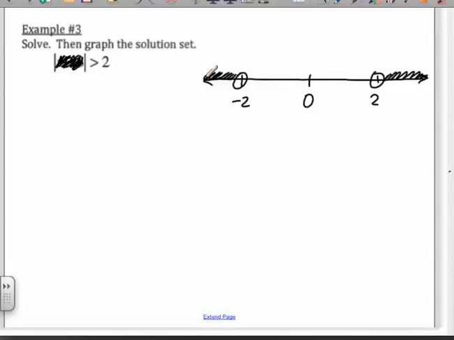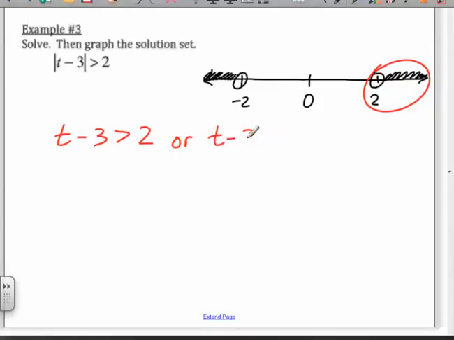So I actually need to write 2 inequalities. I need to say that t minus 3 is greater than 2, right? That's this part. Or t minus 3 is less than negative 2. That's this part.